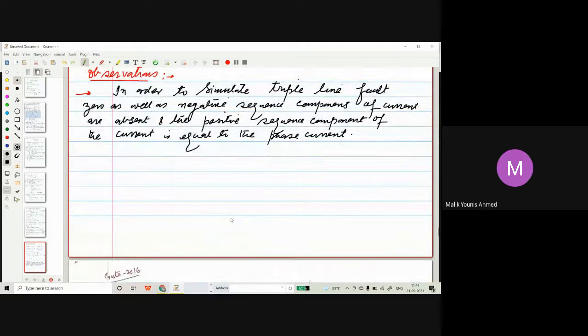Then if we have to analyze overall faults, next I will write observations for all the faults.